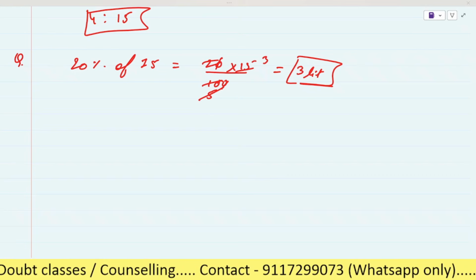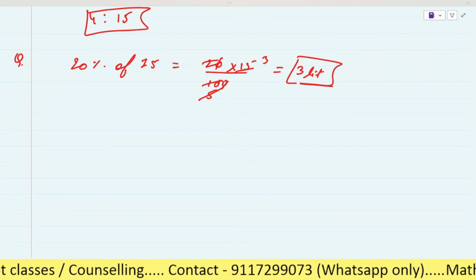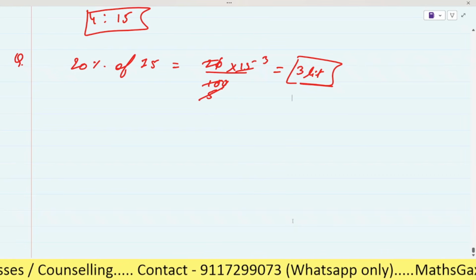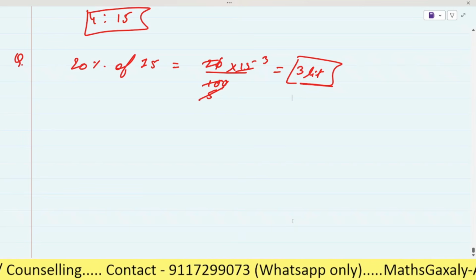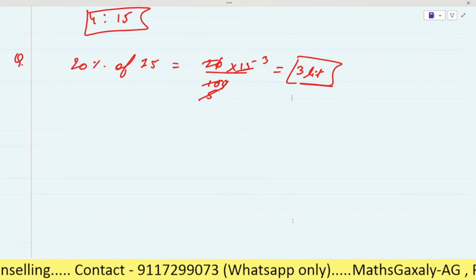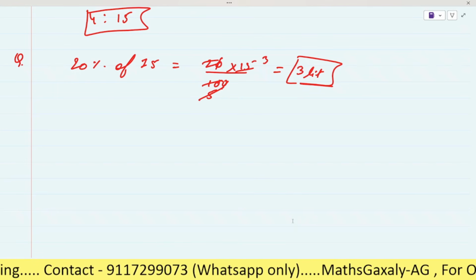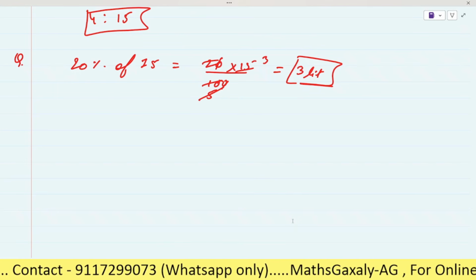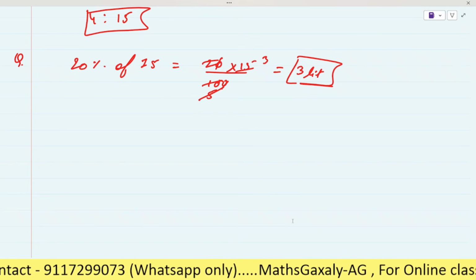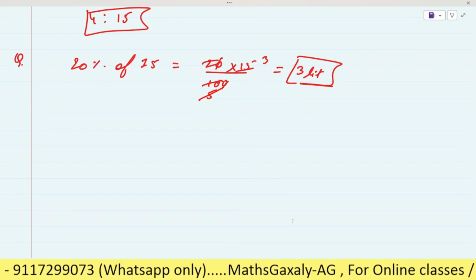Now write a question. In an alloy there is 12% of copper.